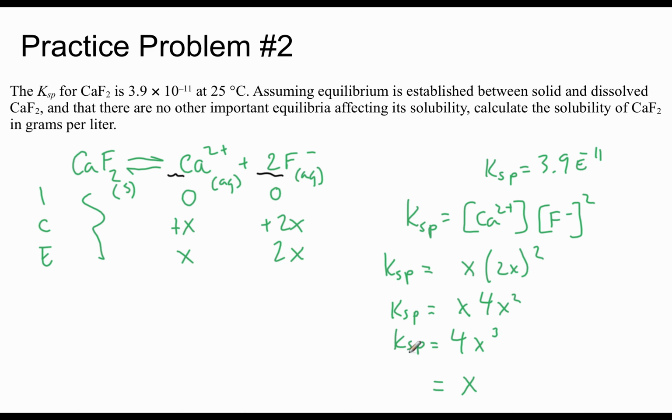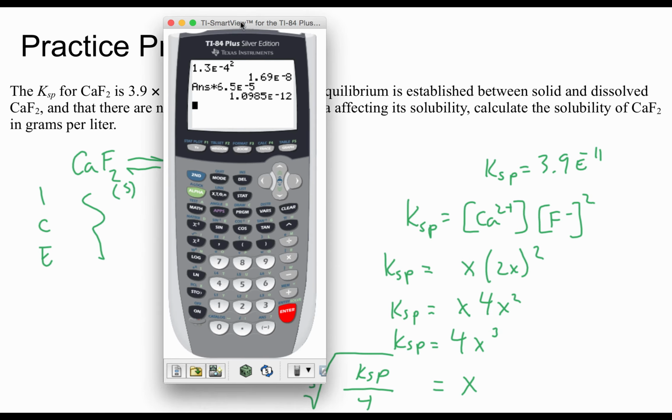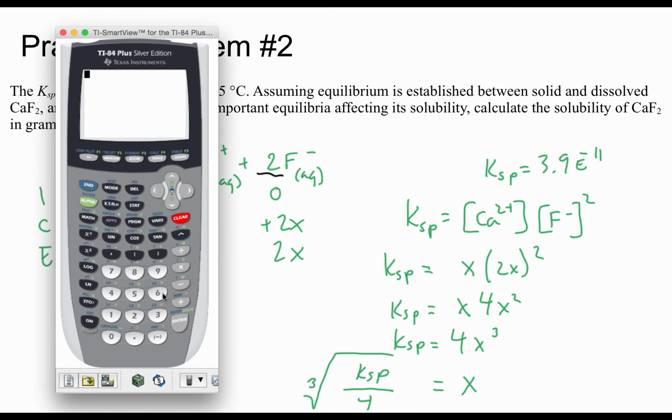So x is going to be equal to the KSP value divided by 4, and I need the cube root of that. So I'm going to plug that into my calculator over here. The KSP is 3.9 e to the negative 11th, right?